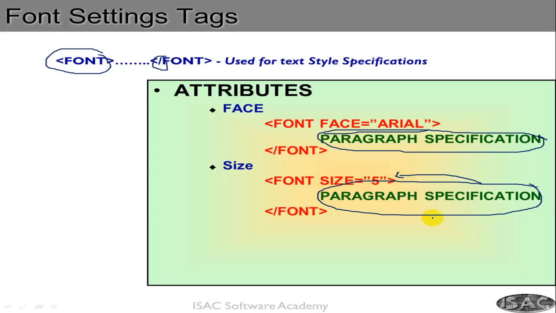Now if you want to change a paragraph to size 5 and Arial, you can put both together, like size 5 and face Arial. It is not that you have to use only one; both can be put together.